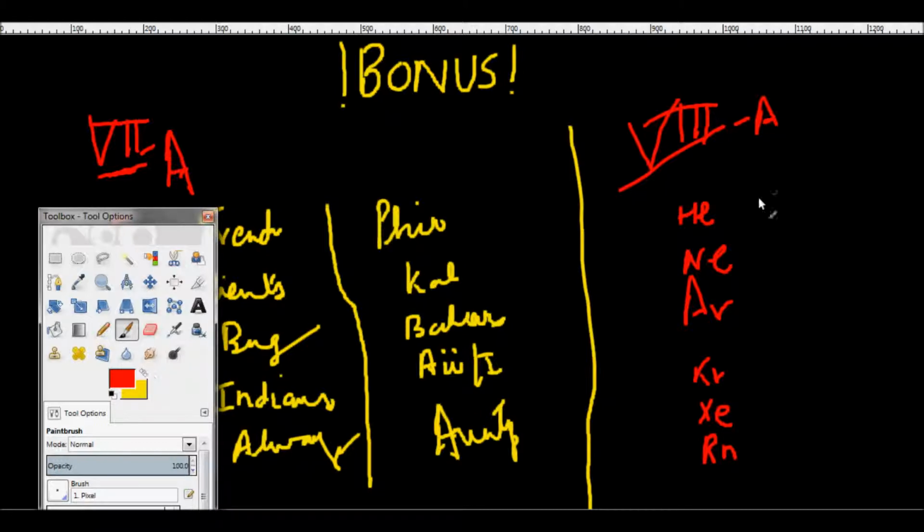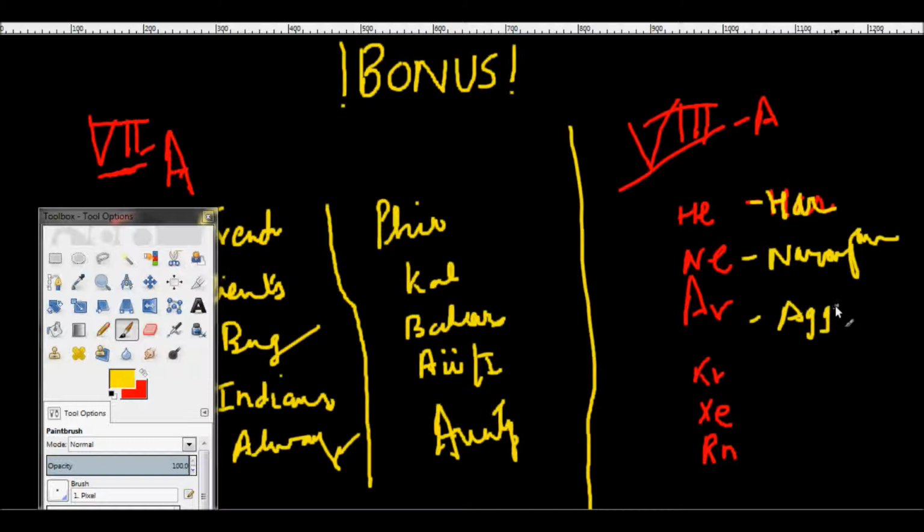Um, so it's Har Narayan Agarwal class 10 Ranipur.